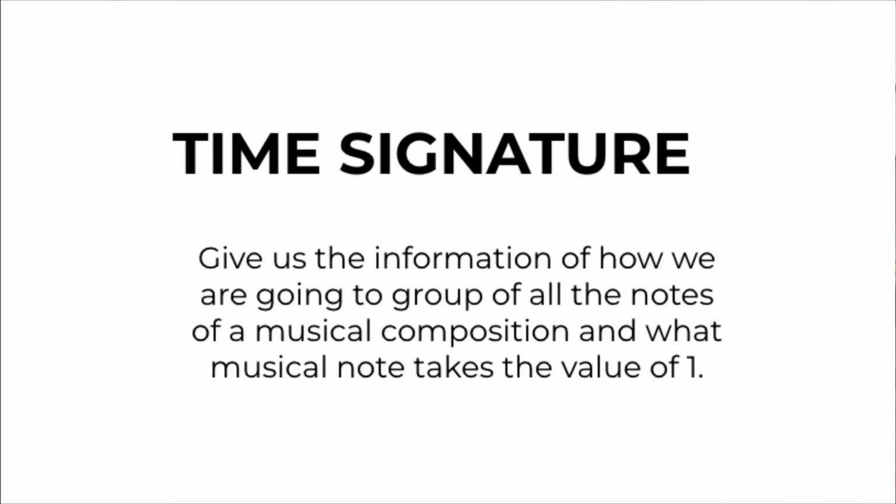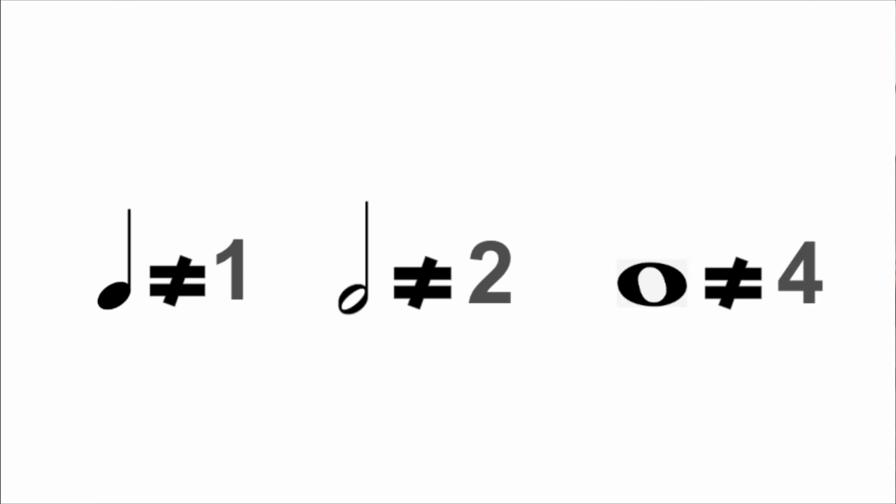With this information, guys, we have to understand that not always a quarter note is 1, not always a half note is 2, and not always a whole note is 4. Those values are going to change in accordance to what the time signature tells us.